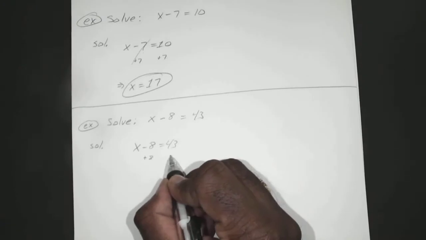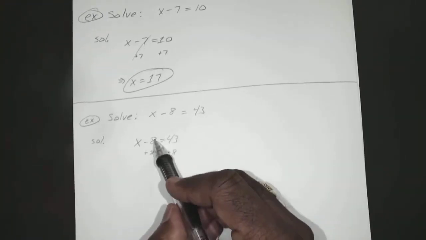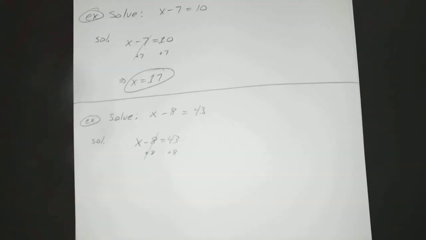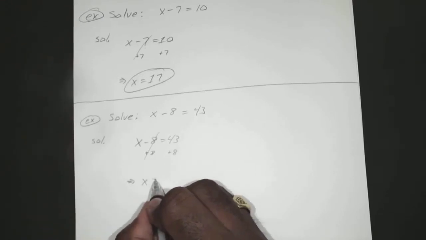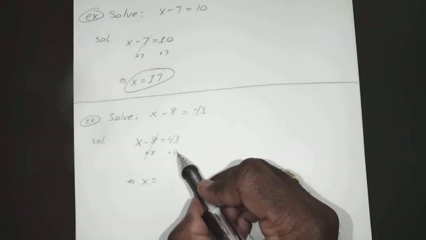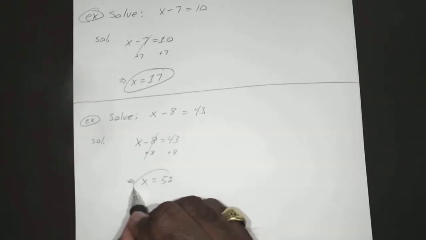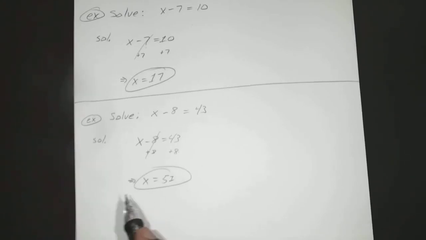So we're going to add 8 to both sides. Minus 8 plus 8, if you add them together, they disappear because it just becomes 0. So x is going to equal 43 plus 8, which is 51. Does that make sense? All right. Any questions on either one of those? All right.